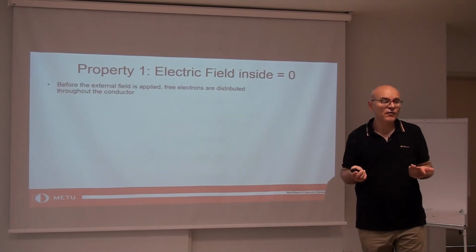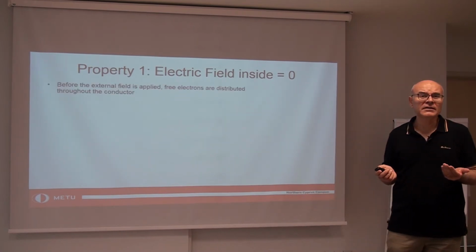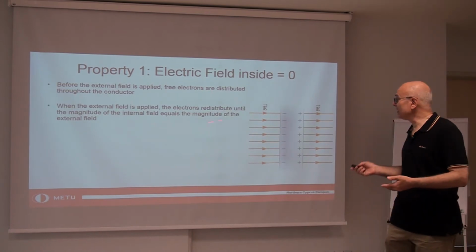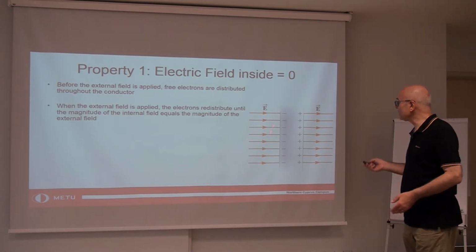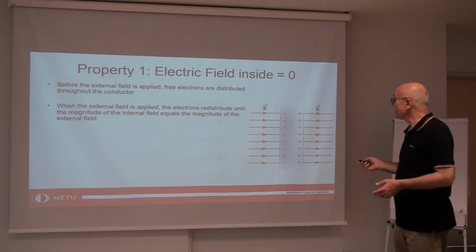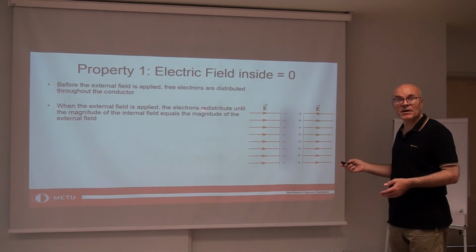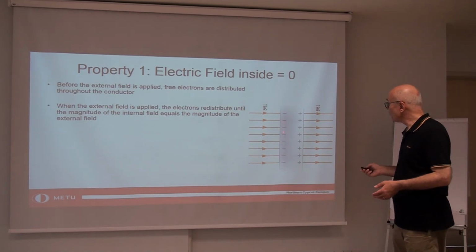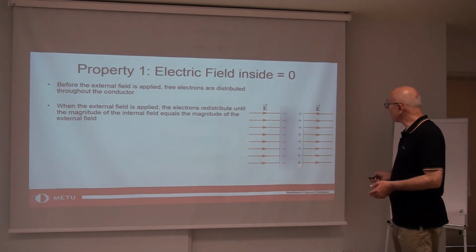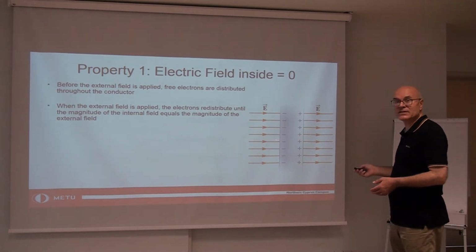What happens is the following. When you put the conductor in the electric field, there are free electrons inside the material of the conductor, as everybody knows. These free electrons are attracted by the electric field, and so they move to this side of the slab. They leave behind a positive charge on the other side.